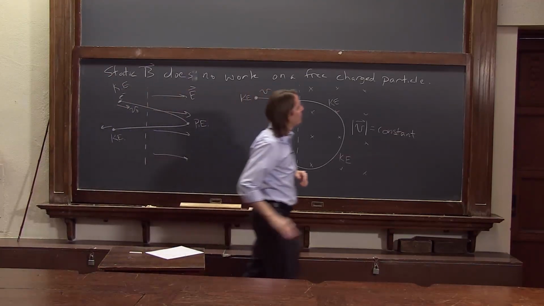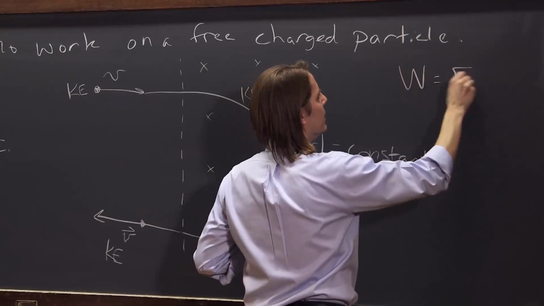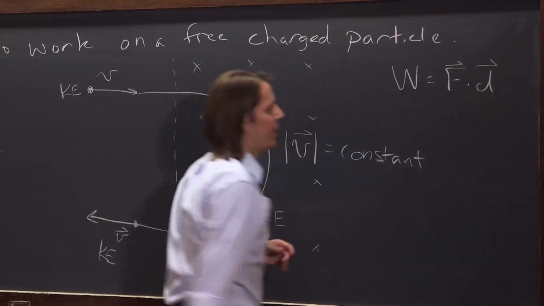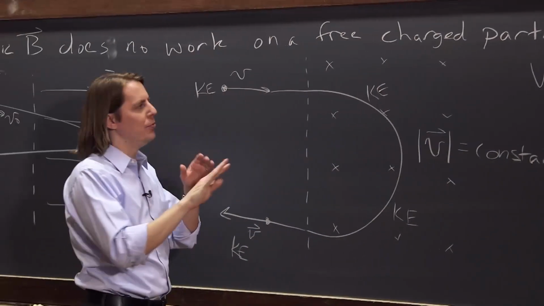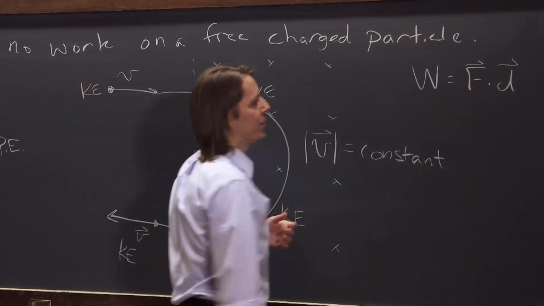We can look at the reason mathematically for a minute. Remember that work is the force dotted with the displacement, and the reason it's zero is you're always displacing perpendicular to your force. That dot product is zero.